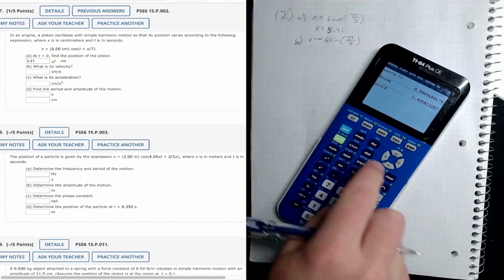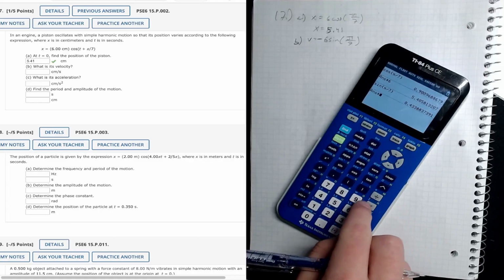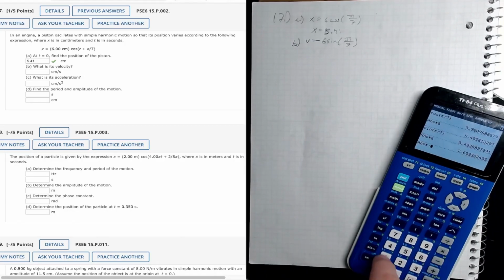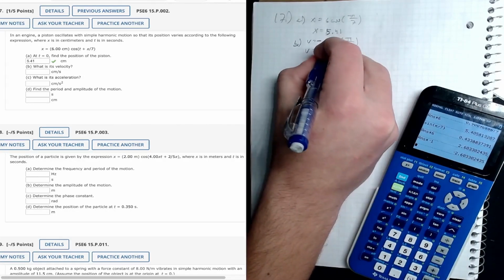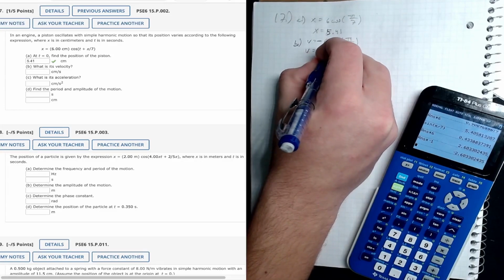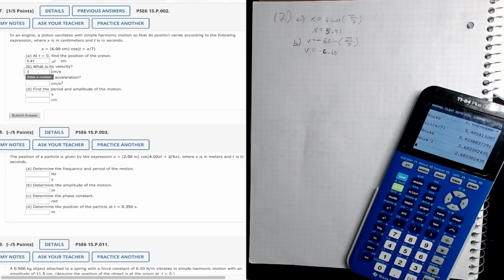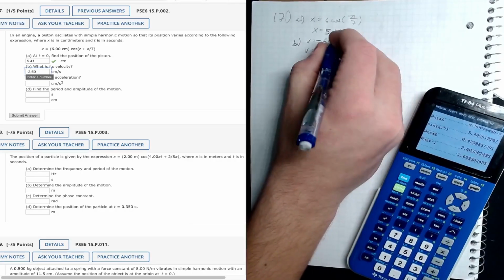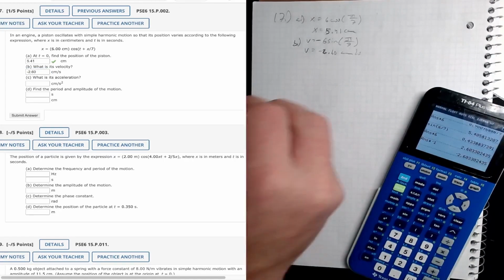Sine of pi divided by 7 times 6, negative that, times negative 1, equals velocity equals negative 2.60 centimeters per second. Make sure that's right.